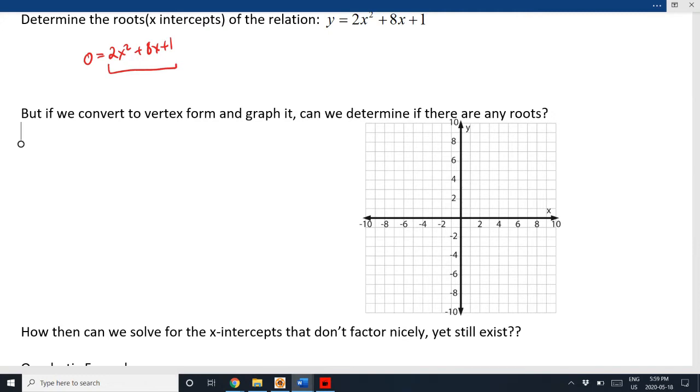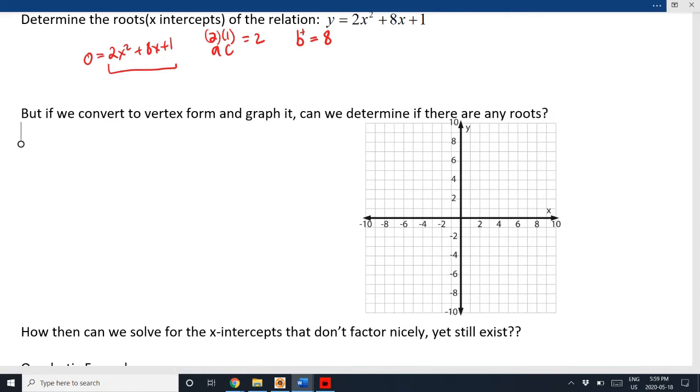Let's try factoring it. We can see this is a complex trinomial, so it'll be a times c, which is 2 times 1 in this case, which is equal to 2. So we need two numbers that multiply to 2 but add up to b, and b is 8 in this scenario.